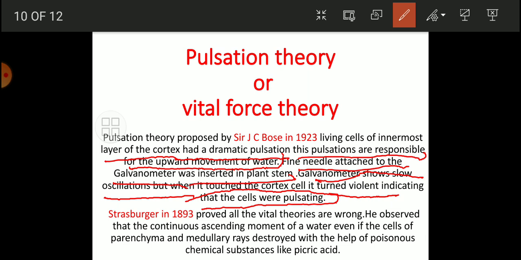But all these vital theories were proved to be wrong by Strasburger in 1893.